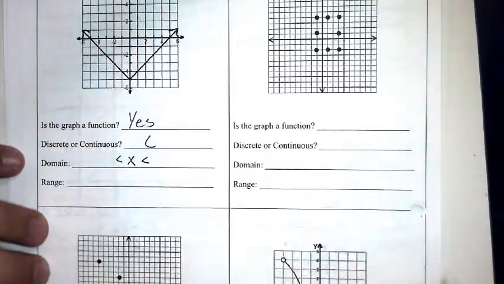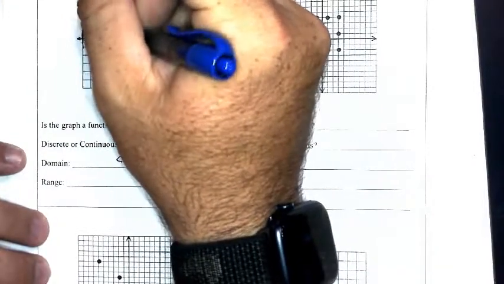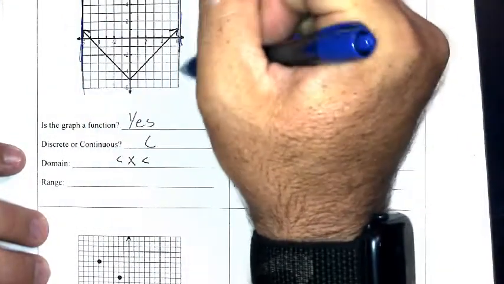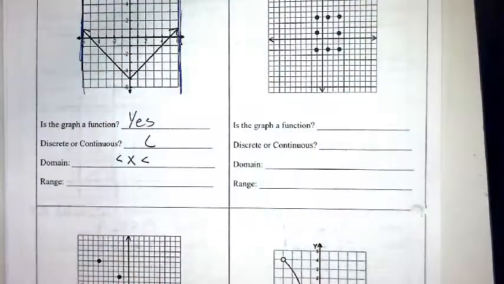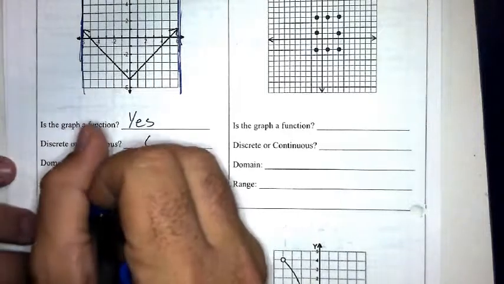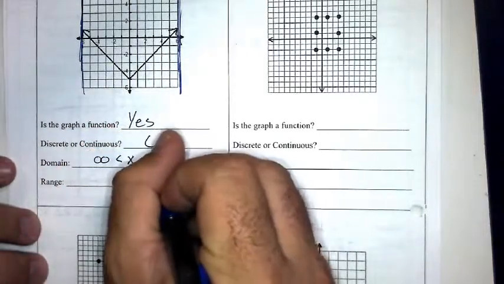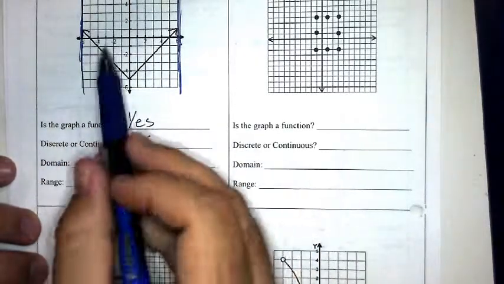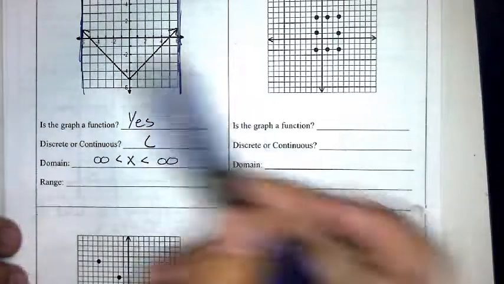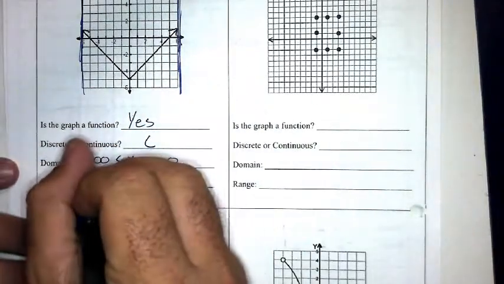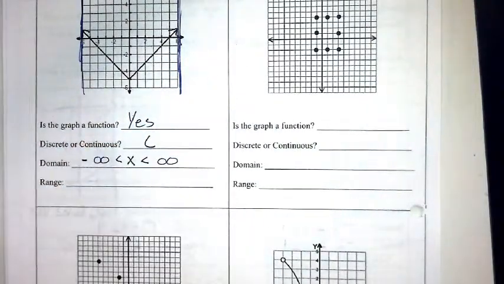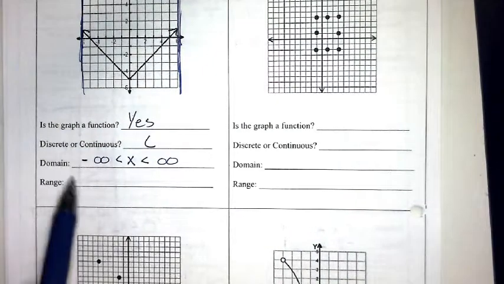Arrows. Arrows means infinity. Now, if I go left on the number line, is that positive or negative infinity? Negative. So I have to put negative infinity. And just like I told Jackson, infinity is automatically inclusive.